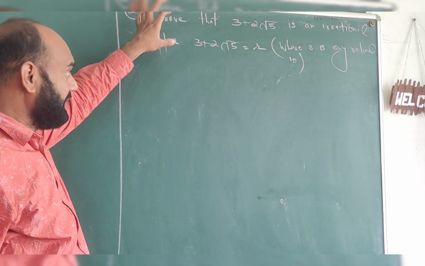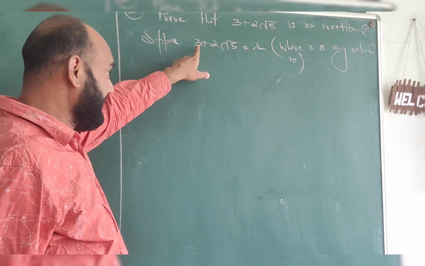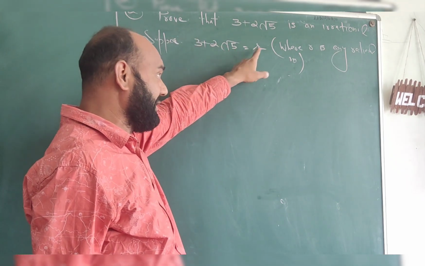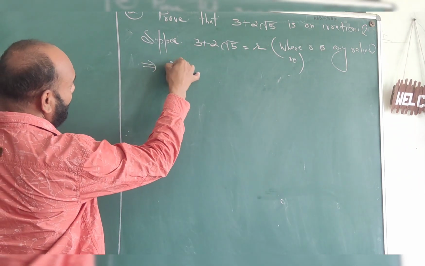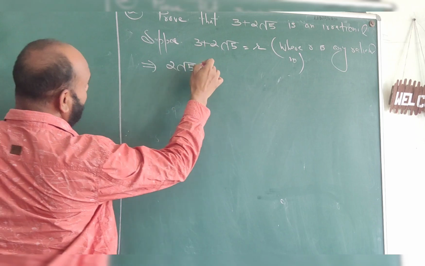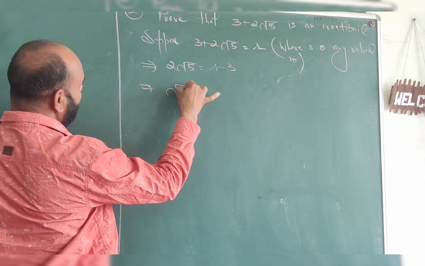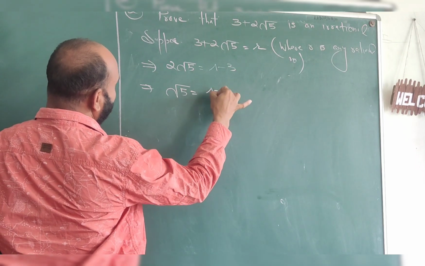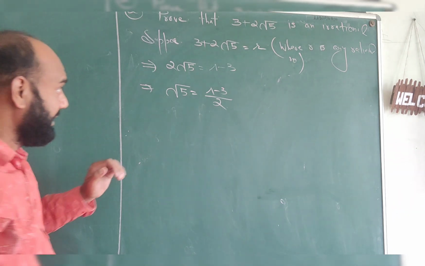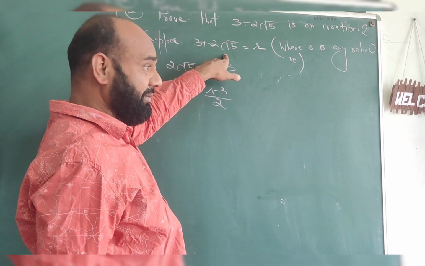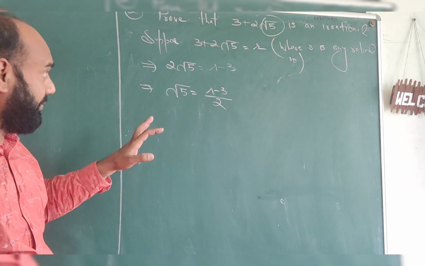What we assume is that this is a rational number and it will be equal to R. Means 3 plus 2 root 5 is equal to R, where R is a rational number. This implies 2 root 5 is equal to R minus 3. This implies root 5 is equal to R minus 3 upon 2. Because in this question, the main motive is to find the irrational term, and this is root 5. So here we find the value of root 5.